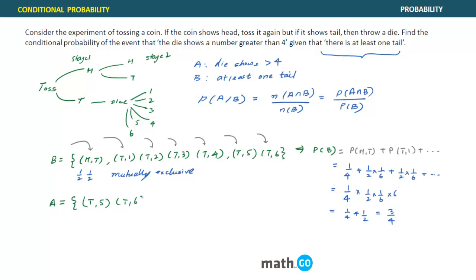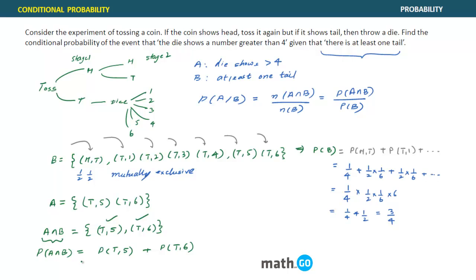So these are the favorable cases in A. Now you want to find the number of events which are in A intersection B. A intersection B will give you only A again, it will come back to the same thing, right? So T5 and T6 is nothing but that. And what is then the probability? Again, they are mutually exclusive pairs. This and this. If this happens, this will not occur. So you will say probability t comma 5 plus probability t comma 6.